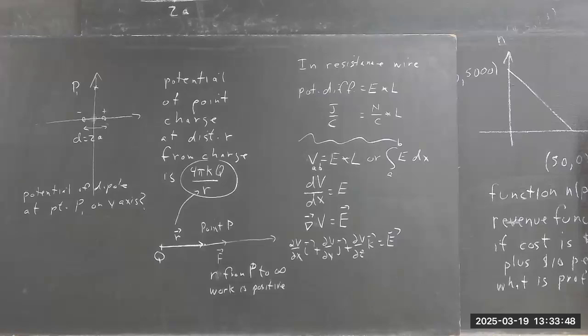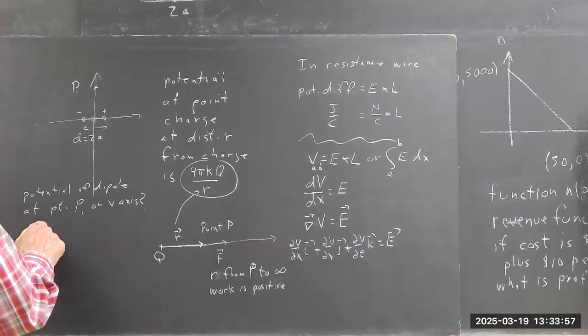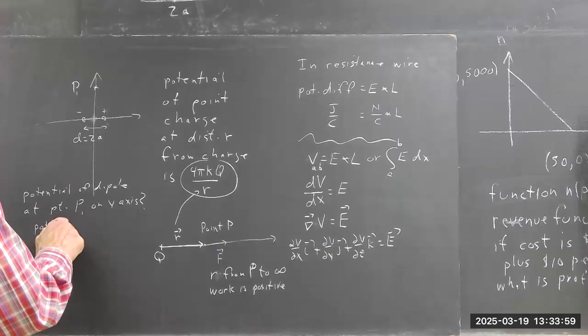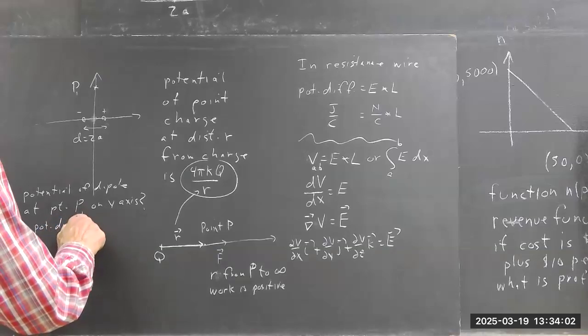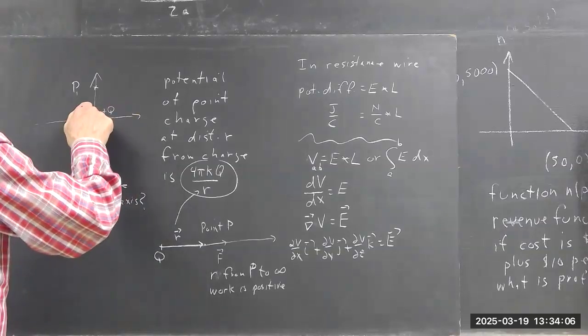Well, aren't they equal and opposite? So they add up to zero. We'll call this plus and minus.